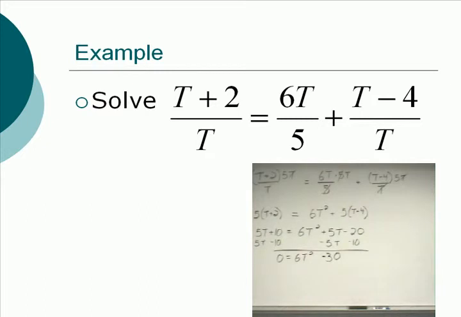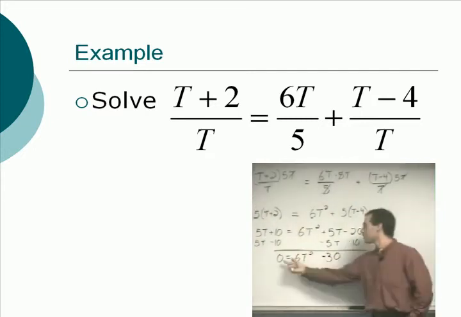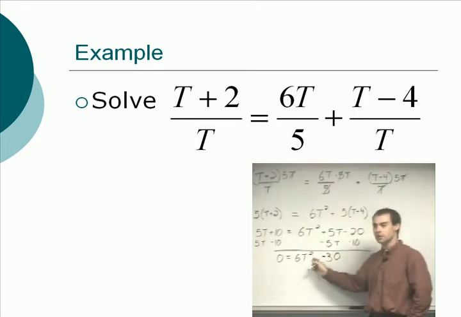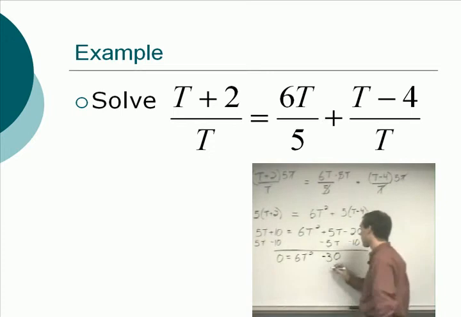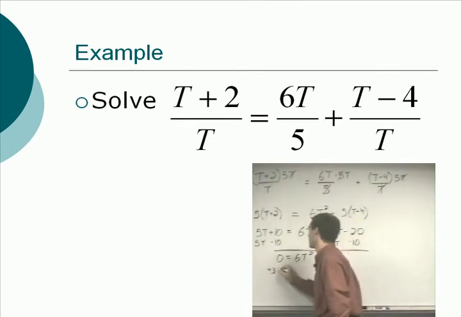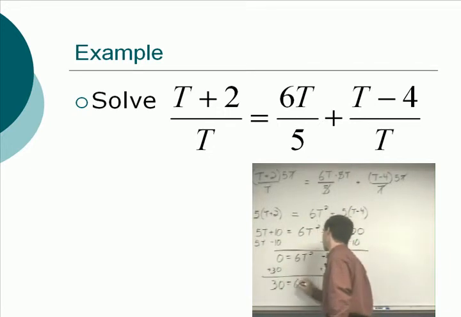Now, here's a case where the quadratic formula is probably not the most efficient way to do this. How do you want to solve that? Let's just shift that 30 to the other side, divide by 6, and take the square root. Okay, when there's no b term, it's a pure quadratic. So if we bump that 30 to the other side, we end up with 30 equals 6t squared.